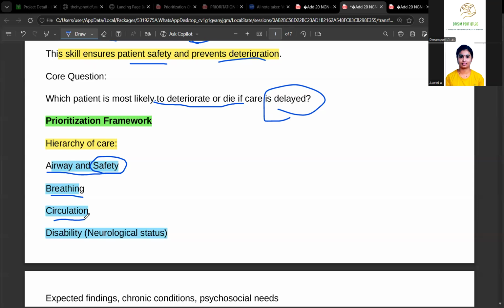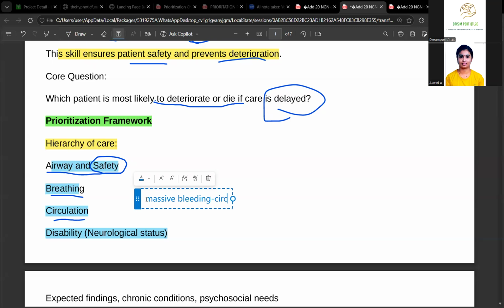Sometimes, if a client is having massive bleeding, which would be your highest priority? Is it airway, safety, breathing, circulation, or disability? You are getting a scenario that the client underwent some procedure.